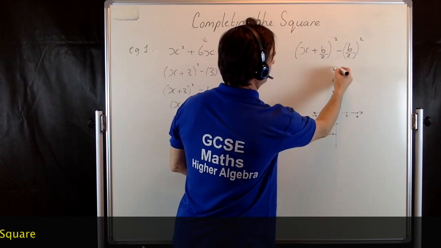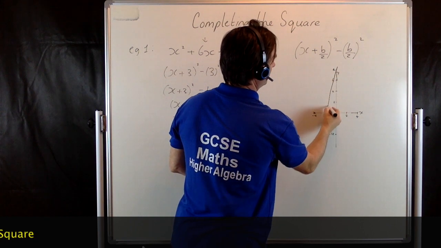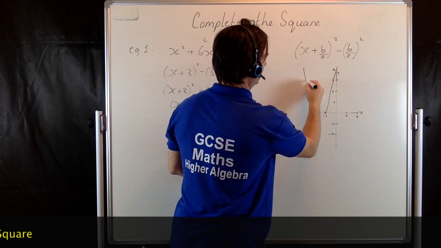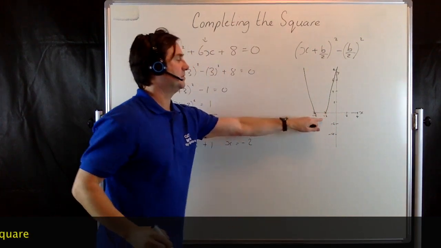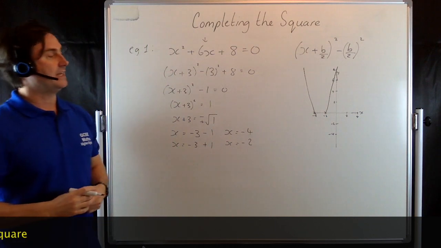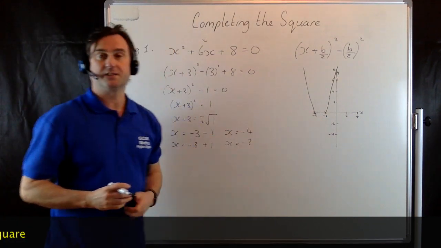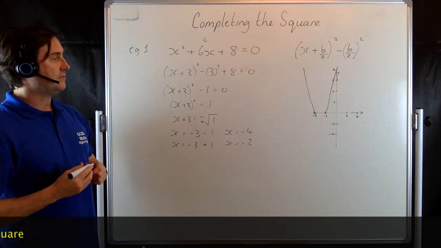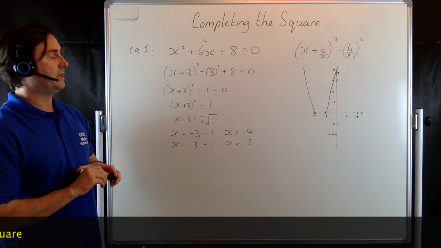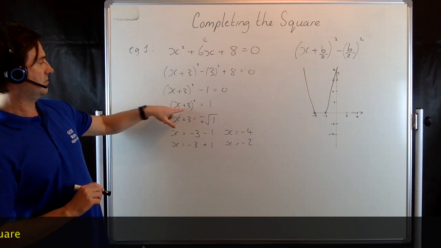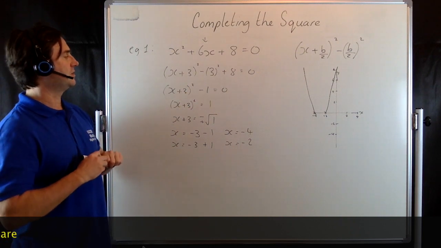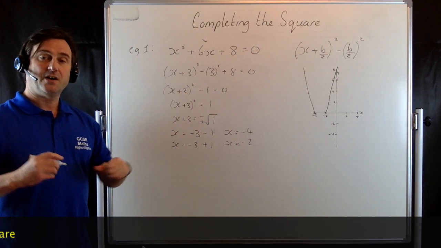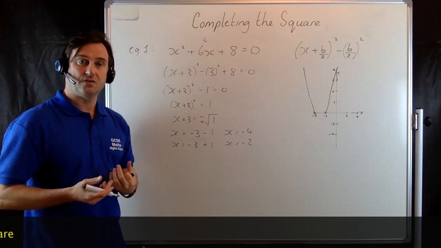So I do know that this goes through there, and I know that it goes through there. What I don't know is this curved bit at the bottom, exactly where the vertex of that point is. So what I can now do is use my initial completing the square, x plus 3 squared minus 1, and I can perform a transformation on that.